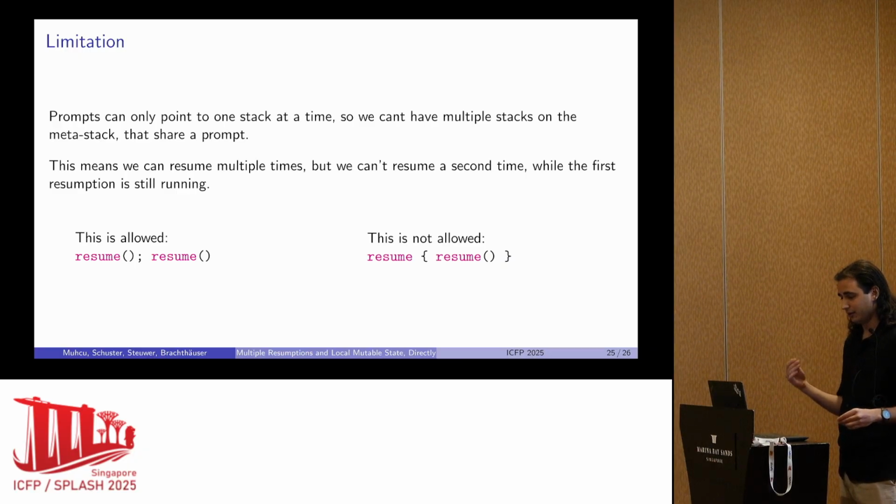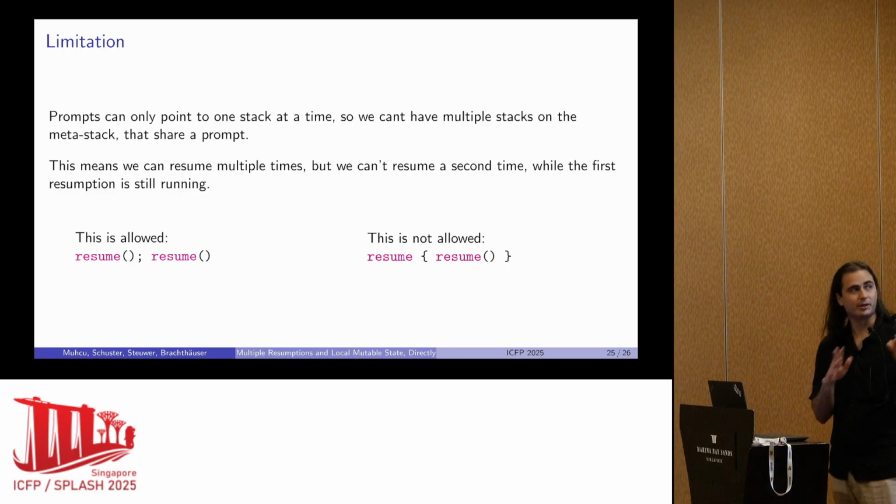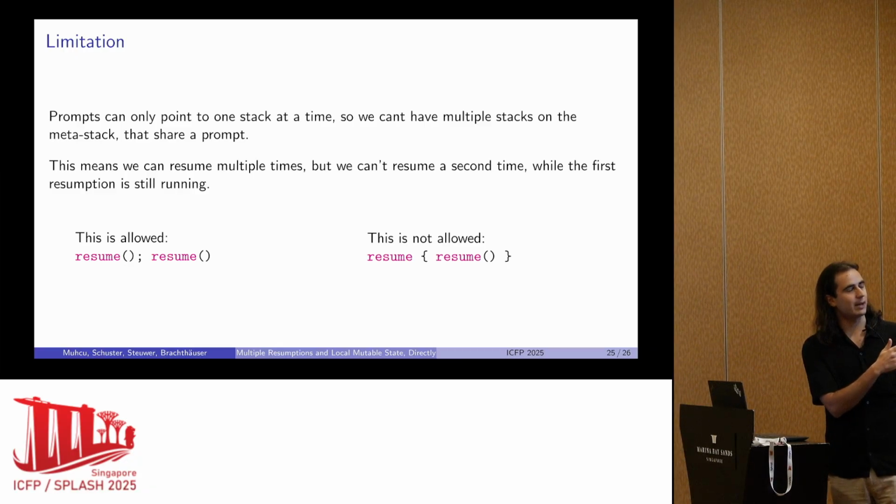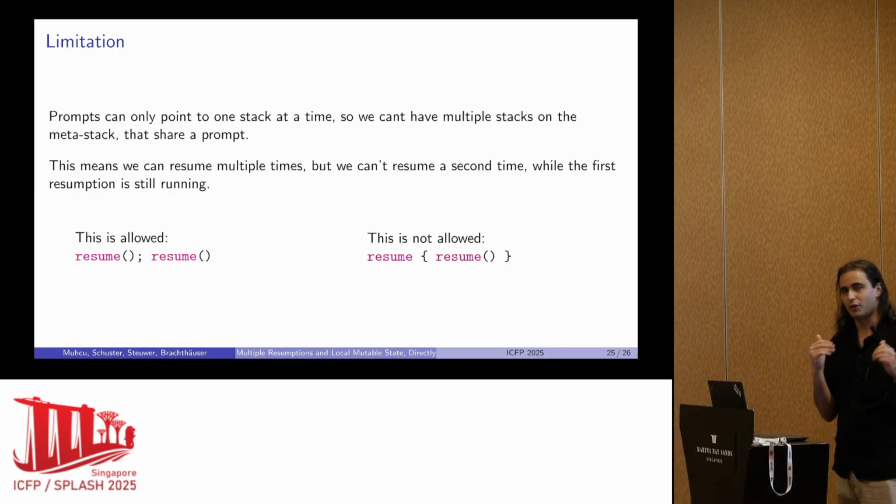And this means that we can do the two resumptions on the left side, but on the right side we are seeing what are called bidirectional handlers. That means we're resuming and immediately resuming again, and that is not allowed in our runtime.